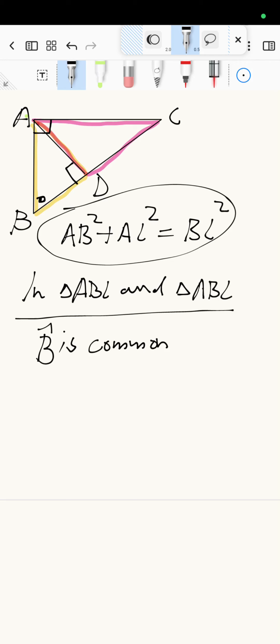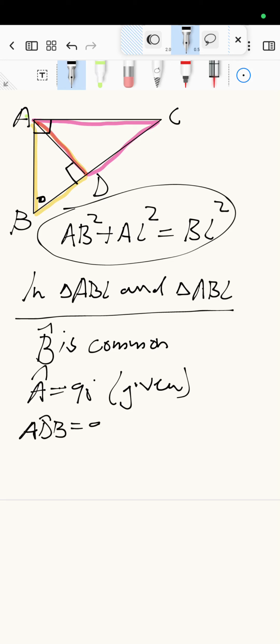The next thing we can notice is in ABC, angle A is 90 degrees. So angle A equals 90. How do you know this? Well, this is given. Angle ADB is also 90.